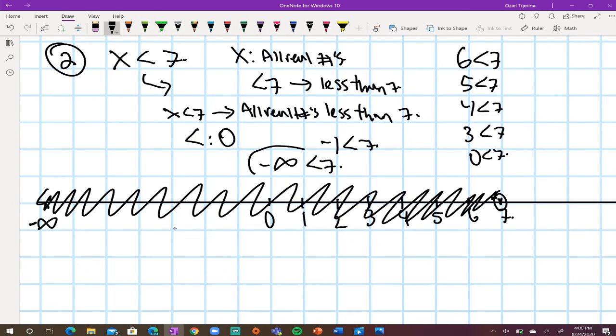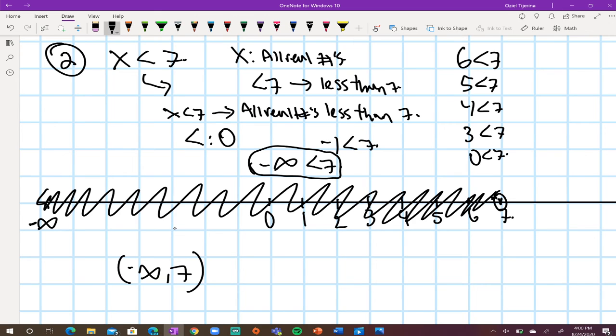Therefore, because we have this kind of inequality, we're going to do interval notation. It's going to be from negative infinity to 7 with a parenthesis, because remember, parentheses say that it's less than, okay?